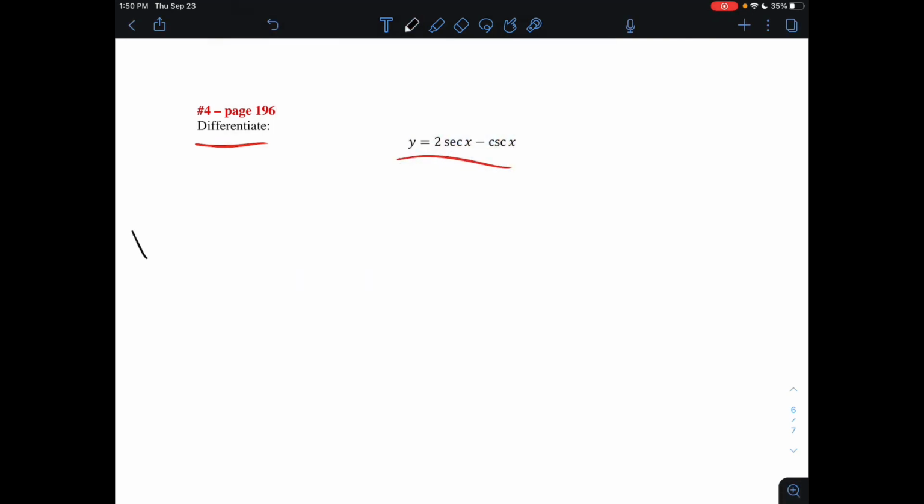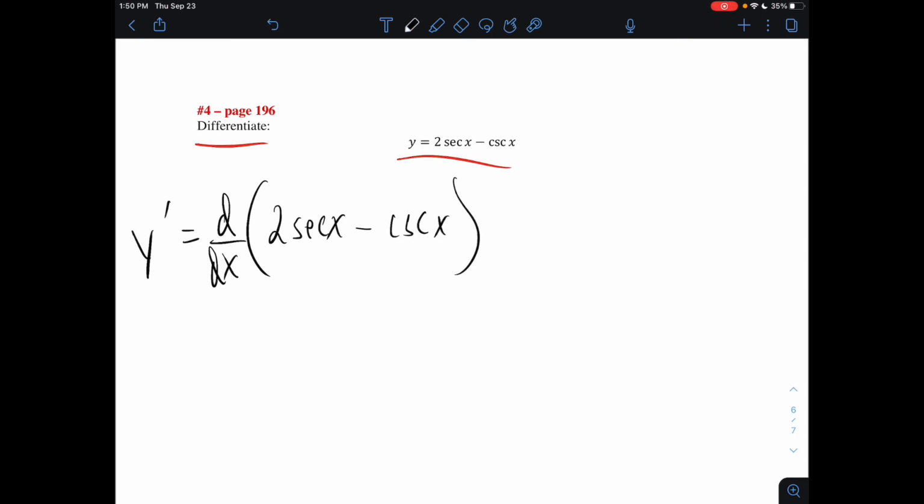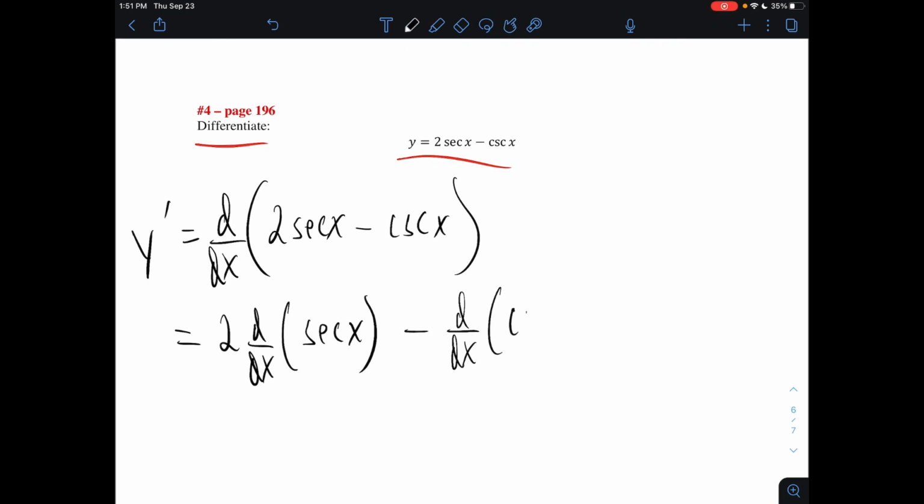So this means y prime, and we're going to differentiate with respect to x 2 secant x minus cosecant x. First, I'll use a derivative rule, a couple of them. I'll have 2 times the derivative with respect to x of secant x, and then minus the derivative with respect to x of cosecant x.